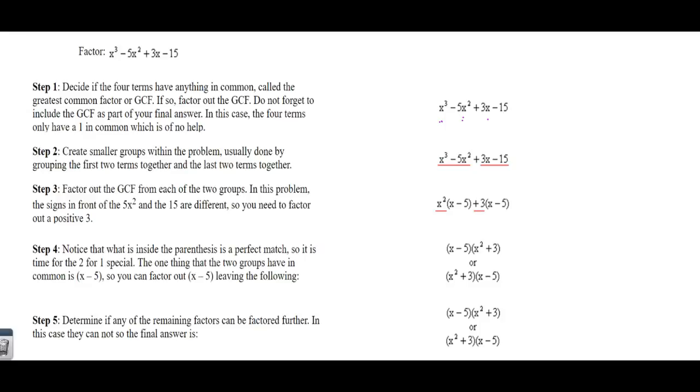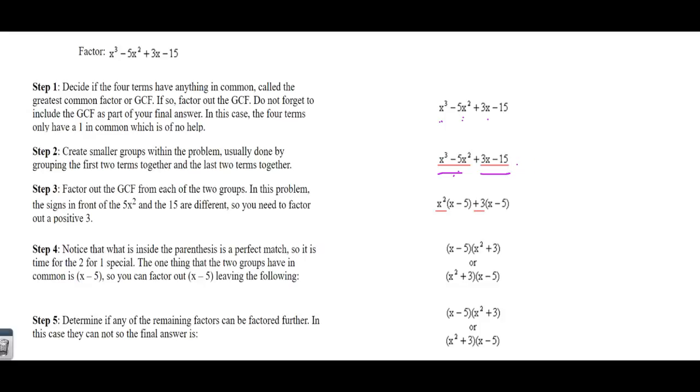Now, combining the first 2 terms and the last 2 terms. So my first group is x cubed minus the 5x squared. My second group is the 3x minus 15.